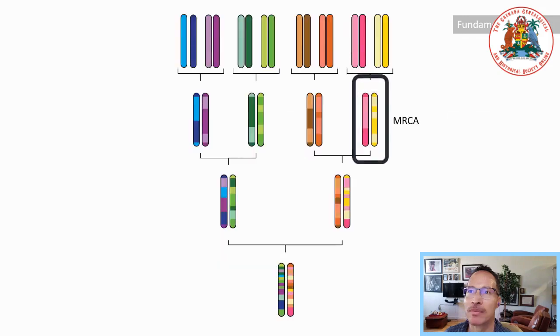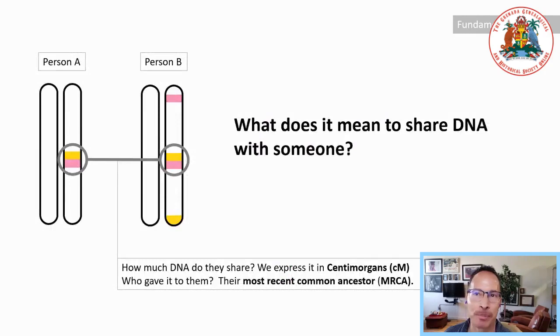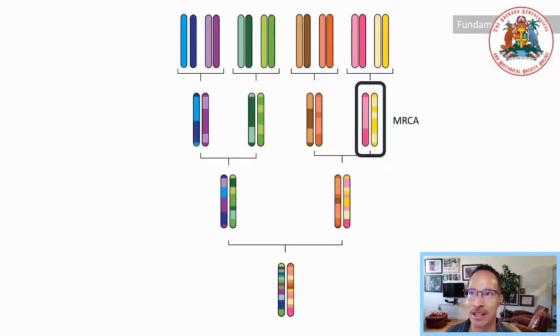And so I want to go back. That pink and yellow mean that these people do have one person in common in their family tree. They descend from the same person, and that's called their MRCA, or their most recent common ancestor. And you'll see that term being used. Basically, this person back on our tree has to be their most recent common ancestor.